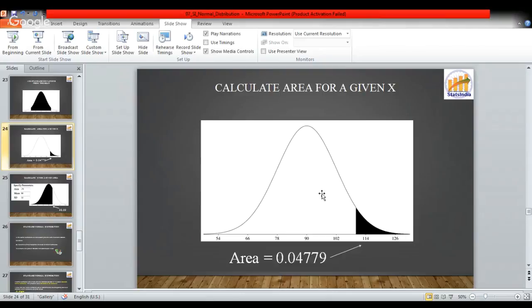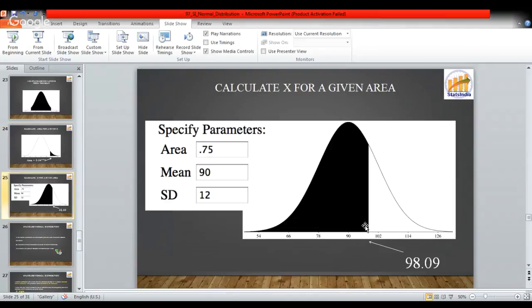So here we have to find the area for x greater than 110. We put the mean, the SD, and this value in the computer program. It will directly give us the area, 0.04779. Many normal calculators are available online and we can find it.